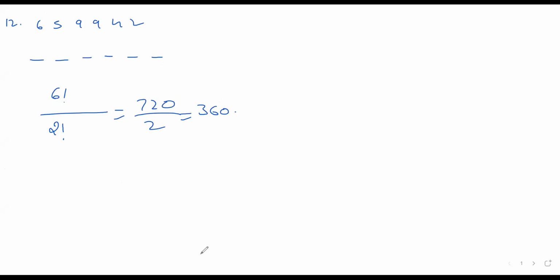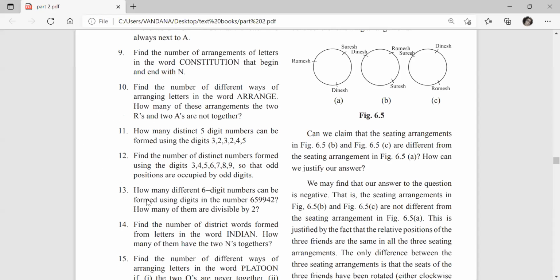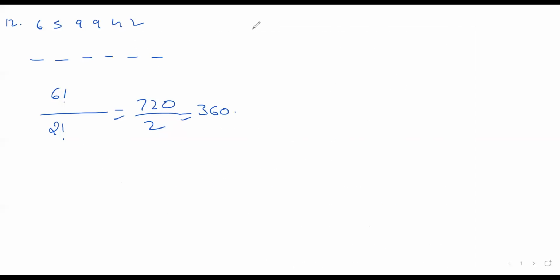Now the next question. How many of them are divisible by 2? They will be divisible by 2 if it is an even number. So we have to actually find out how many of them are even. So the number can be even if it ends in 4, 2 or 6 here.